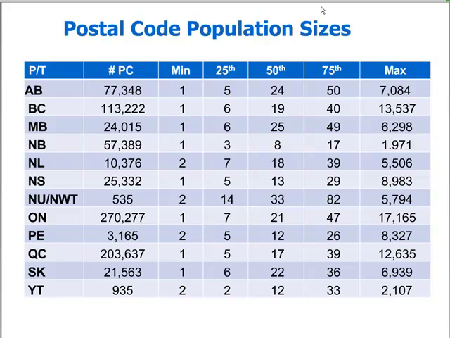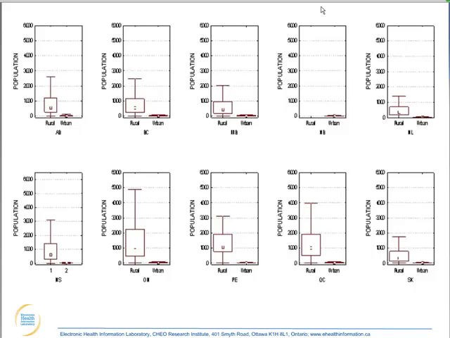As you can see, the median value for rural postal codes is around 1,000, and for urban postal codes in Ontario, it's around 20. So there's a dramatic difference in population sizes at the postal code level between urban and rural populations. The risk will be much higher when you're collecting or disclosing data for urban populations.